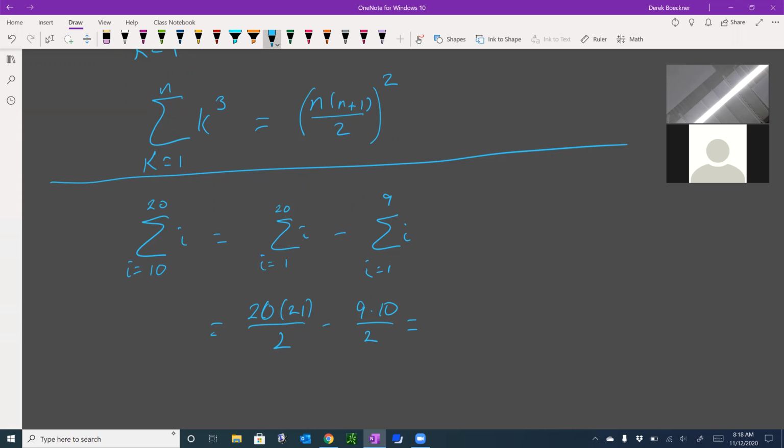So that's going to be 420 over 2 minus 90 over 2, which is 210 minus 45, which is 165. So if I add up the numbers from 10 to 20, I get 165.